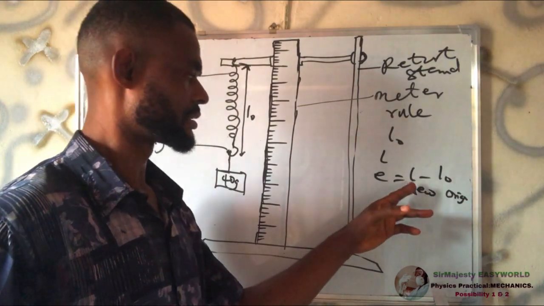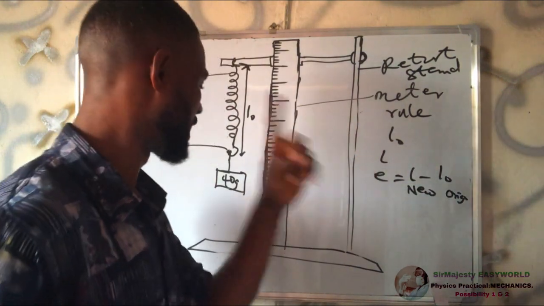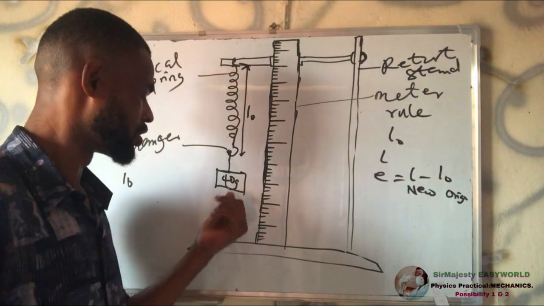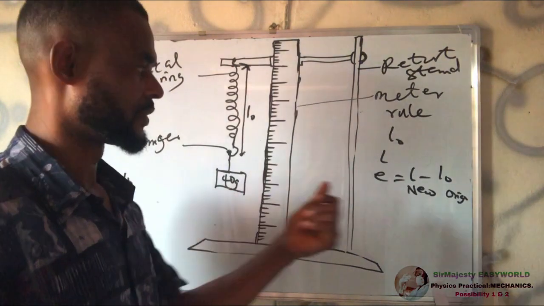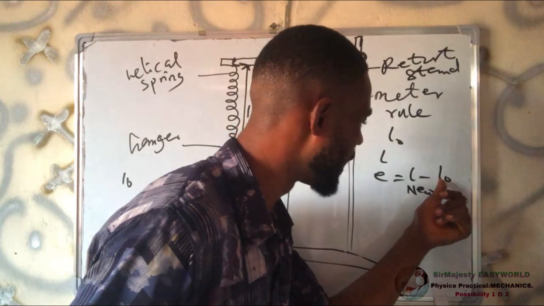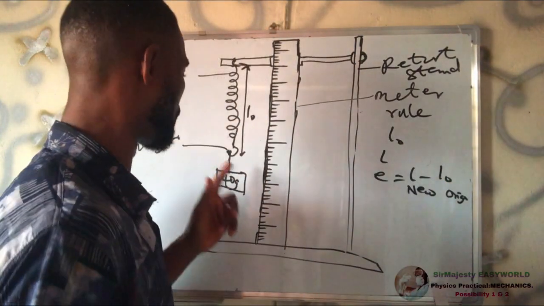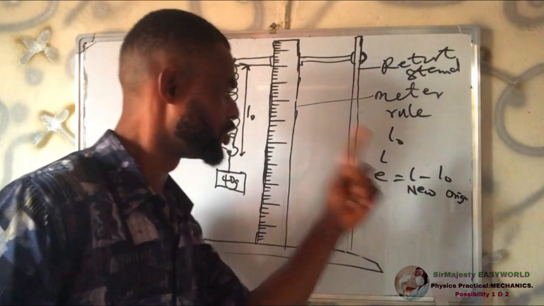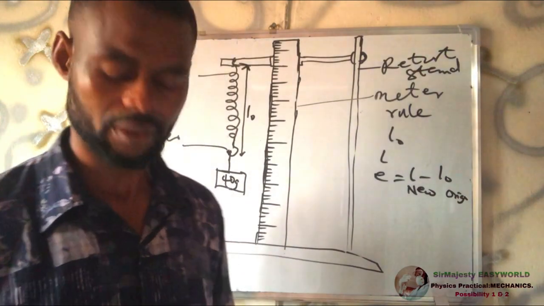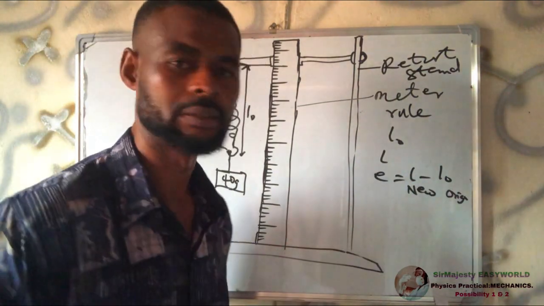So this L is the new length, the length that is produced when this mass is placed on it. And this L0 is the length of the spring when there is no mass. You record your extension E by evaluating L minus L0.